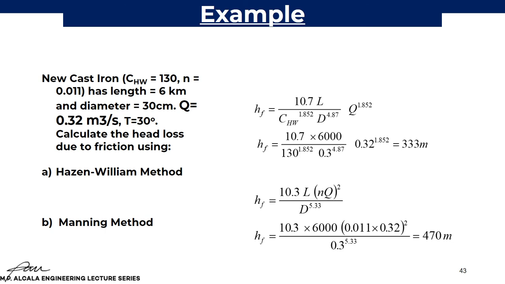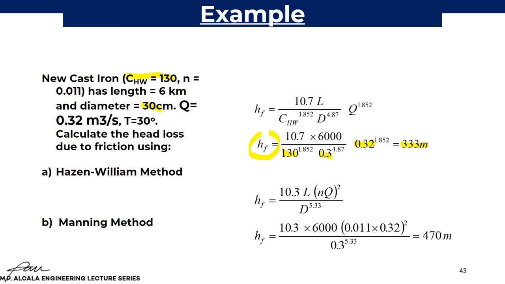A new cast iron will give you a constant of 130. That will be it. The diameter, simply input 30 centimeter. So convert into meters, 0.3. Right? And then, solving further, the discharge, 0.32. One equation, one unknown, HF, head loss, 333 meters.